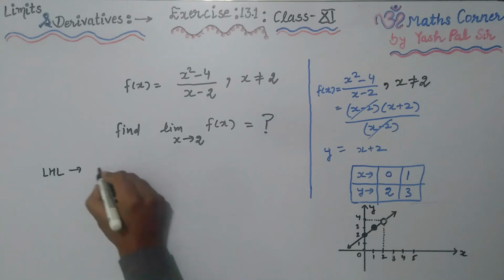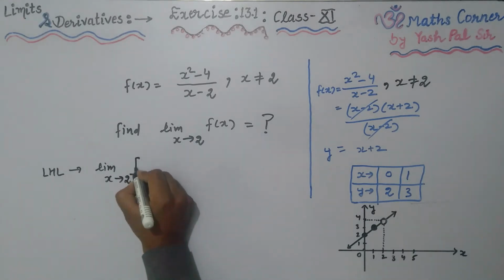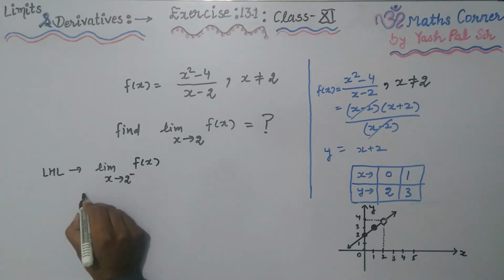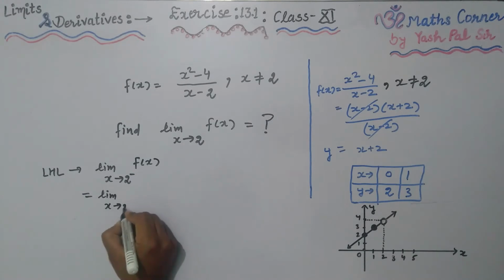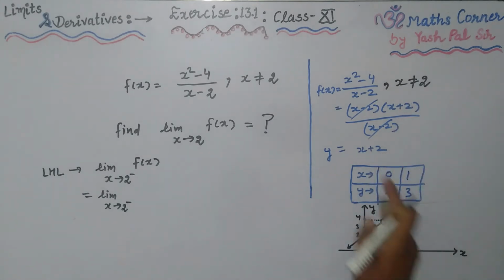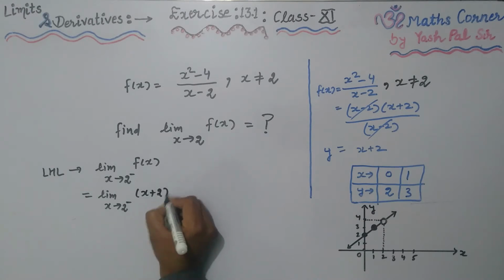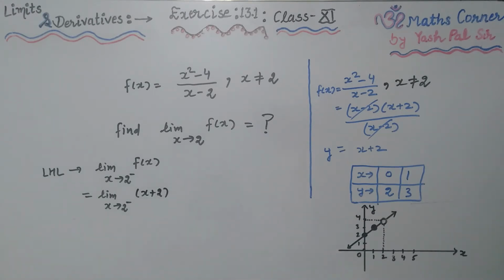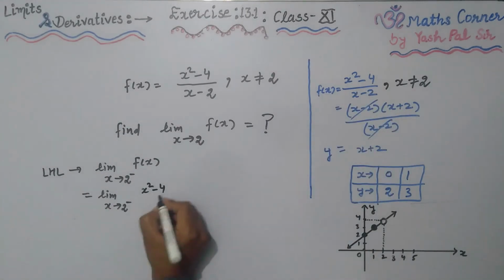At x equal to 2, we say the limit as x approaches 2 minus of f of x. This is equal to the limit as x approaches 2 minus of, what was the function? This was x plus 2, right? Or we can say the whole function, what was this? x squared minus 4 divided by x minus 2.